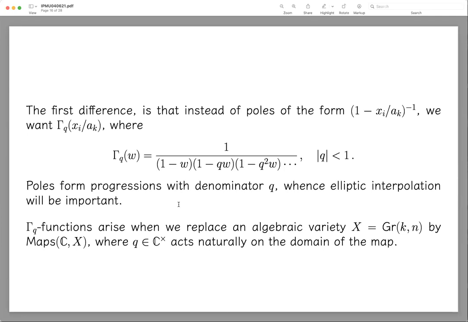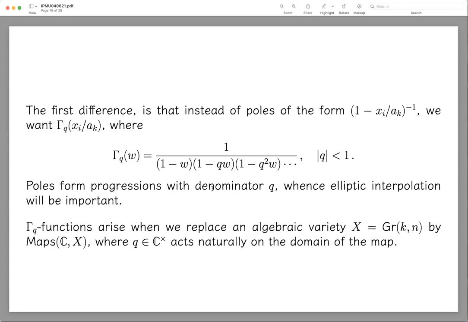If I do this computation equivariantly with respect to the variable q rotating the source of the map, remember, in the first transparency I had the C, and the variable q was rotating the source of that map C. Then the typical computation, if I have maps from C to C, would be the q-gamma function.